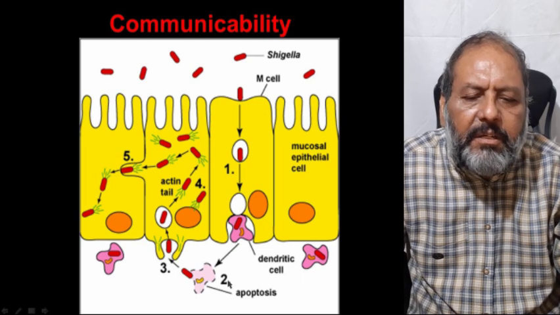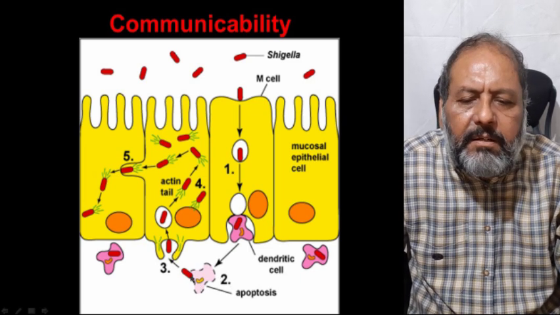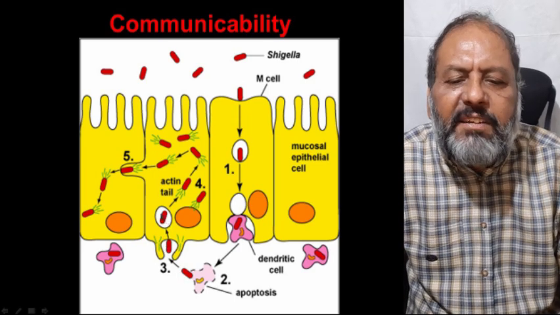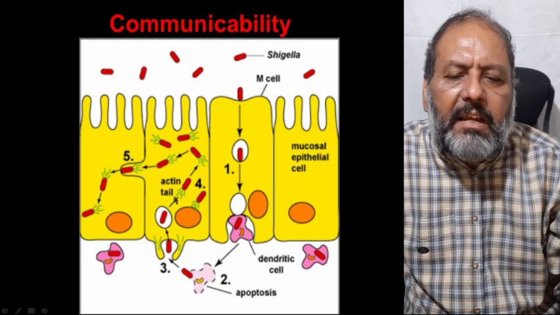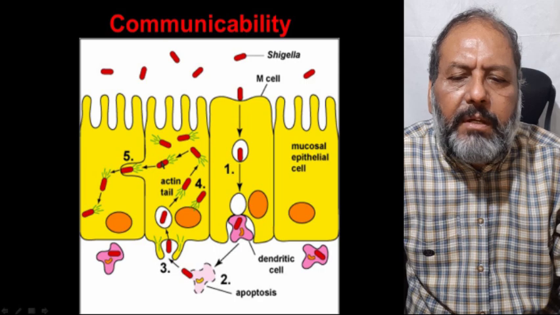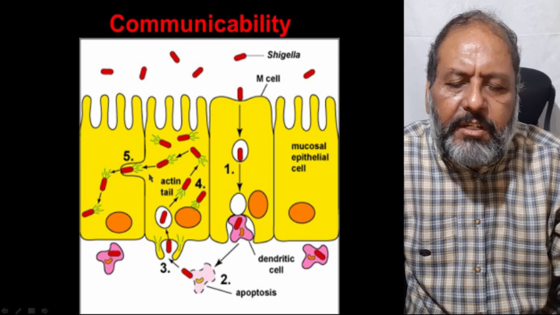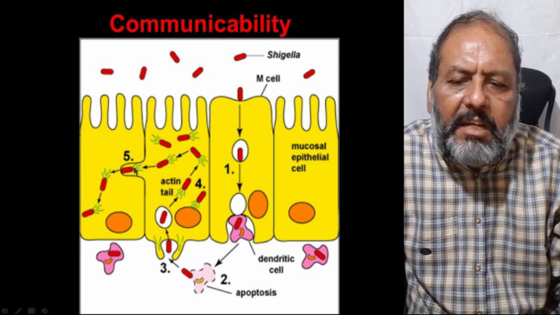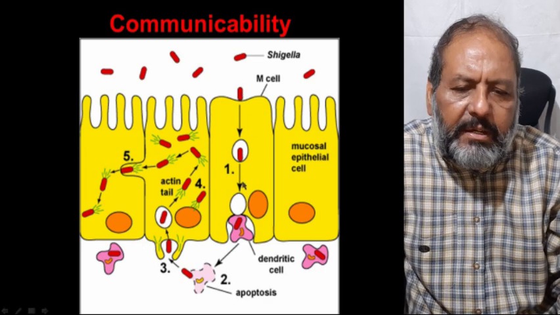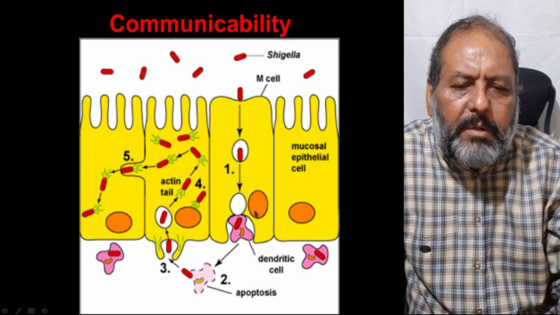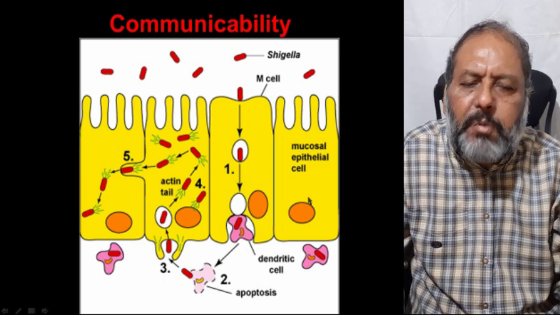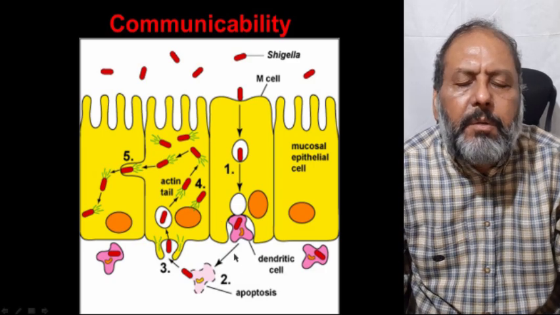Here one can see the bacteria going to the other cells from the basement membrane, getting entry into the epithelial cell, traversing, moving, and from here going to the neighboring epithelial cell as number 5. So starting from here, number 1, number 2, number 3, number 4 and number 5. This process is all communicability.